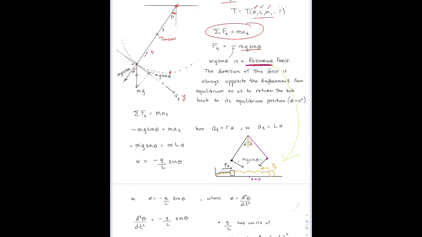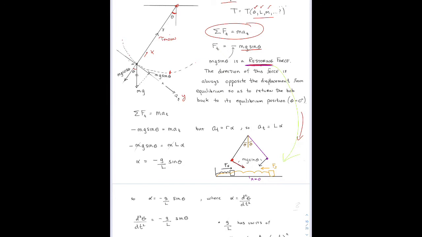So I drew a little arrow down here because the treatment of the pendulum up here reminds you of the mass on a spring. So here's our pendulum I drew over here. mg sine theta is pointing in that direction.